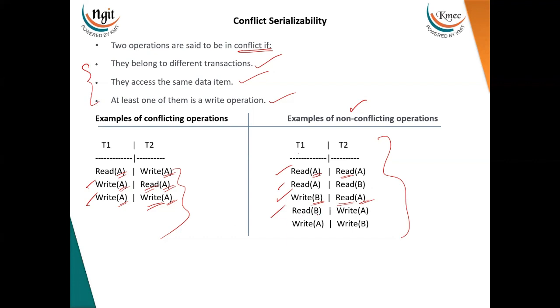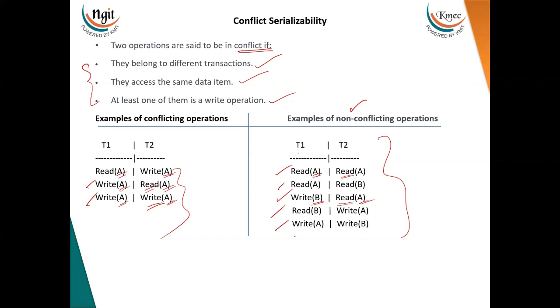And next, read operation on B performed by T1 transaction and write operation on A performed by T2 transaction. Here also the accounts are different.